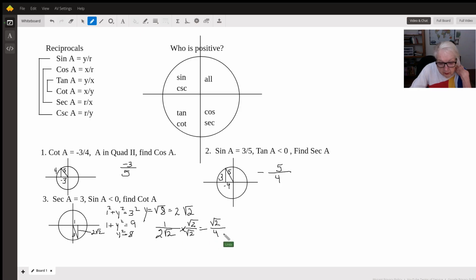And there is your answer, which can also be written as 1/4 times the square root of 2. Both of these would be acceptable answers in most classrooms.